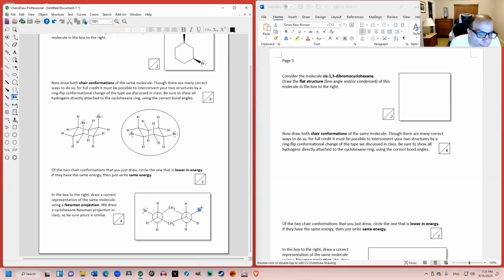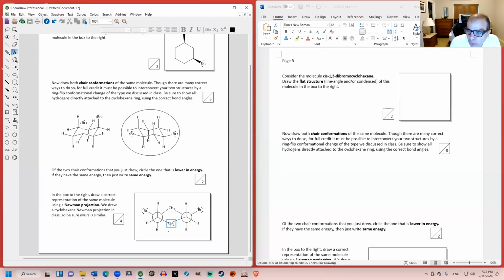One thing I would say about drawing cyclohexane Newman projections: leave these two positions as CH2s. Don't put anything on them. Turn the molecule whichever way you need to so that those stay as CH2s, because otherwise it's impossible to tell whether something's equatorial or axial. That should always be possible.